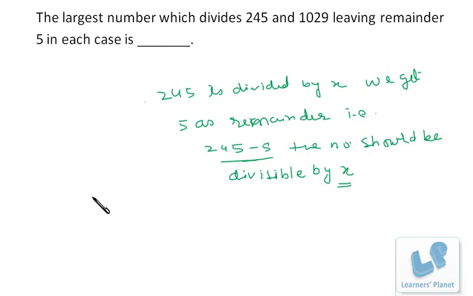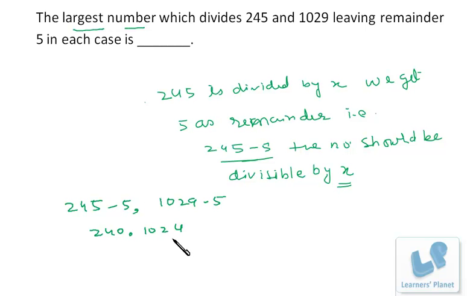So what I'll do, in fact, the numbers 245 minus 5 and 1029 minus 5, both of them are multiples of x. That means 240 and 1024 are multiples of x. Now we have to find out the largest number, that means the largest number that is a factor of 240 and of 1024.